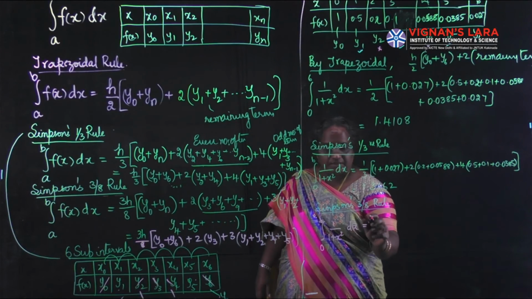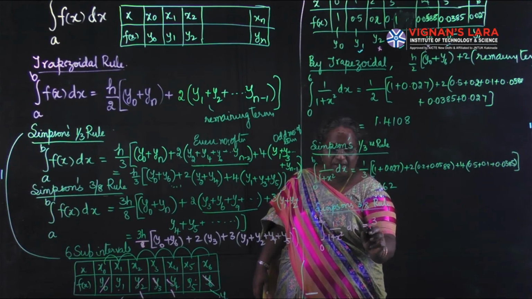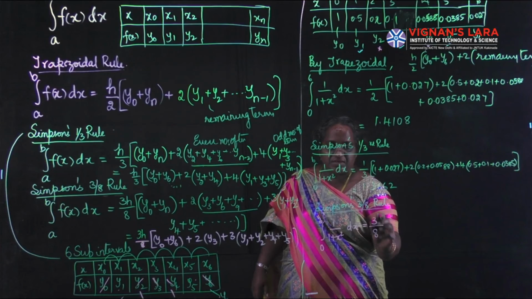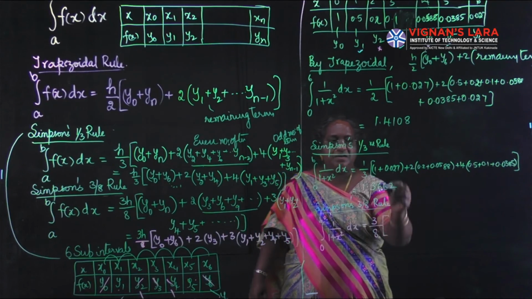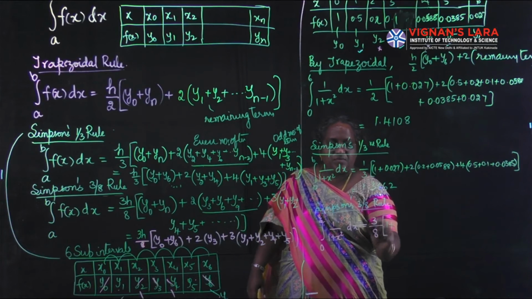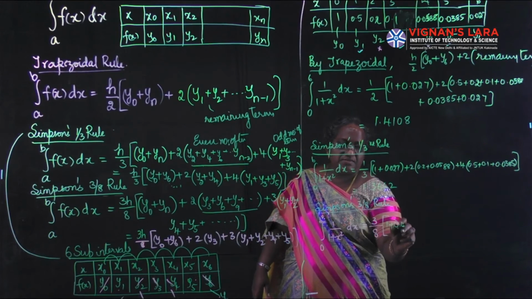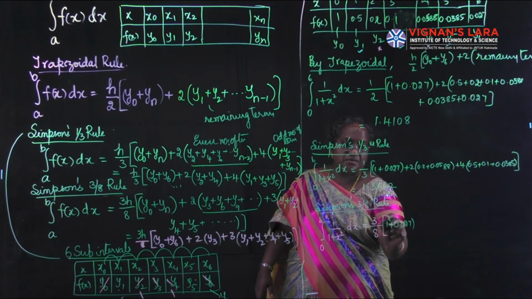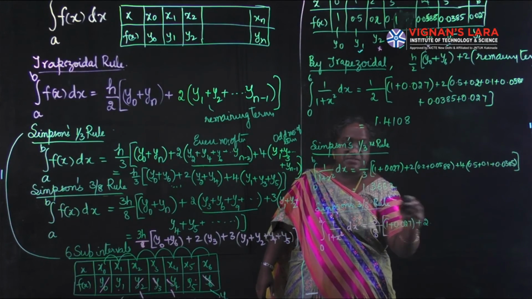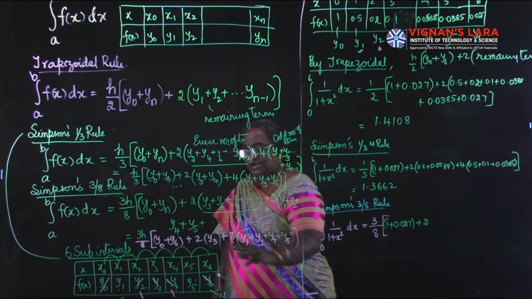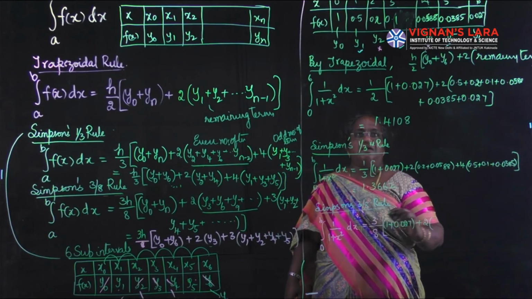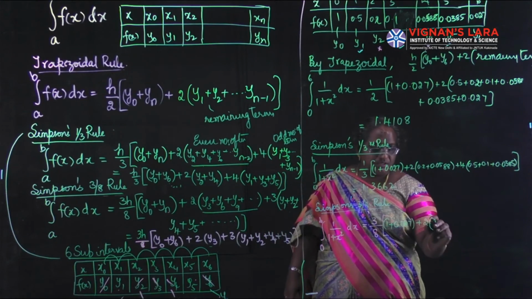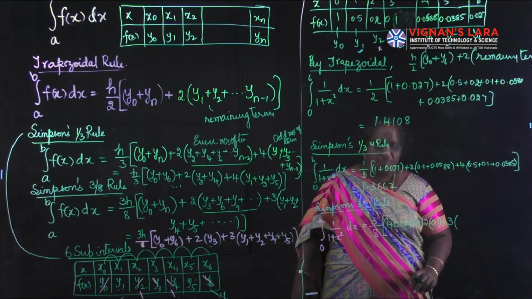So the integral from 0 to 6 of 1 by 1 plus x square dx is equal to 3h by 8. What is h? It is 1, so 3 into 1 is 3 by 8. y0 plus y6: our y0 is 1, plus y6 is 0.027, plus 2 times the multiples of 3, which is y3, because y6 we have already written here. The y3 value is 0.1, plus 3 times the remaining terms.